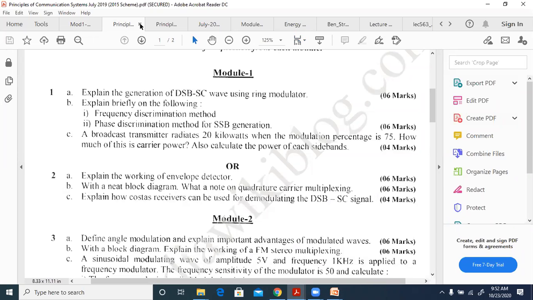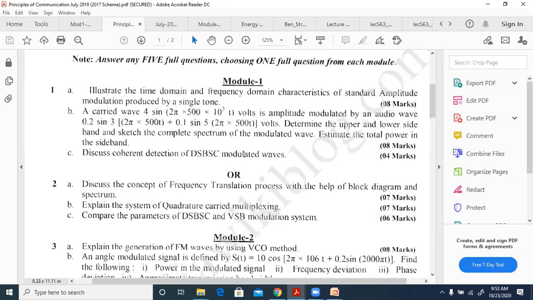Next, we go for the next question paper. Illustrate the time domain and frequency domain characteristics of standard amplitude modulation produced by a single tone. For single tone, we need to write that, right? Please try to differentiate that. For single tone, the figure will be different. For multi-tone, or rather a general message signal, it will be different.